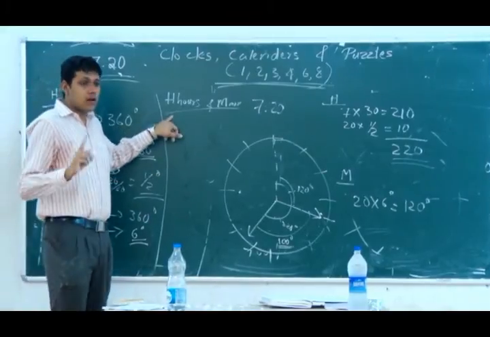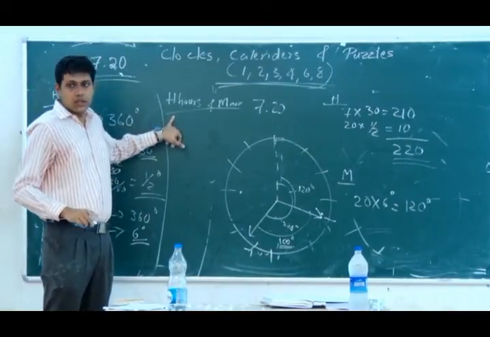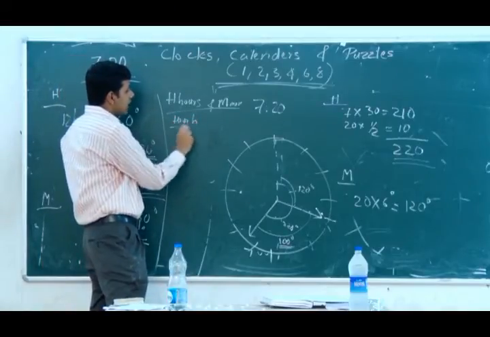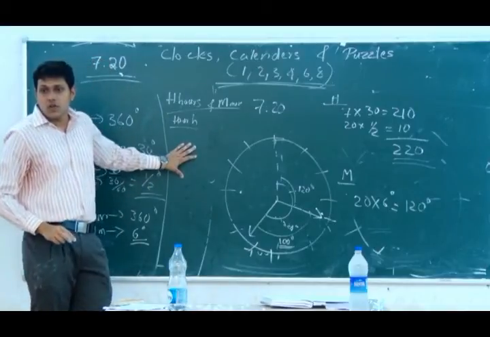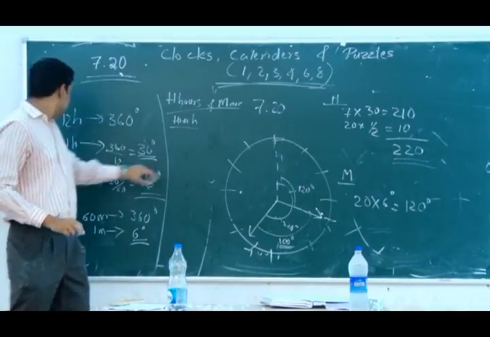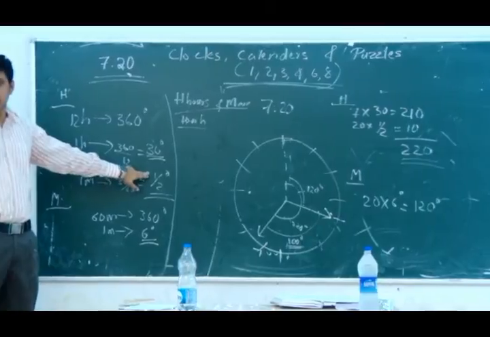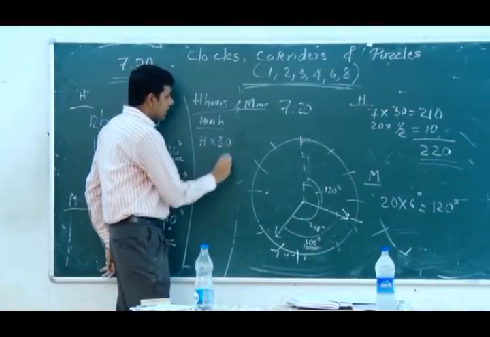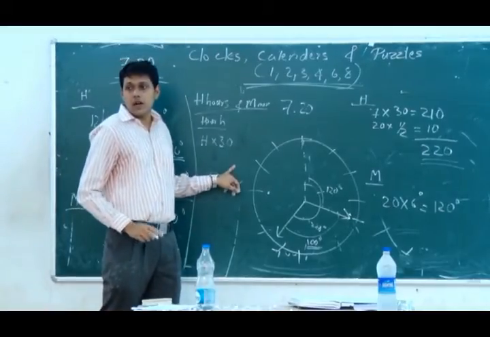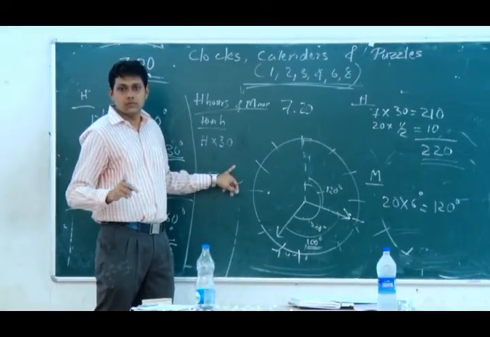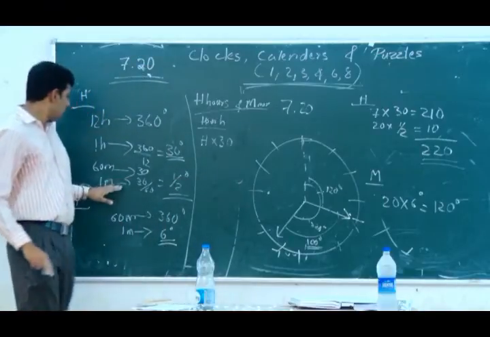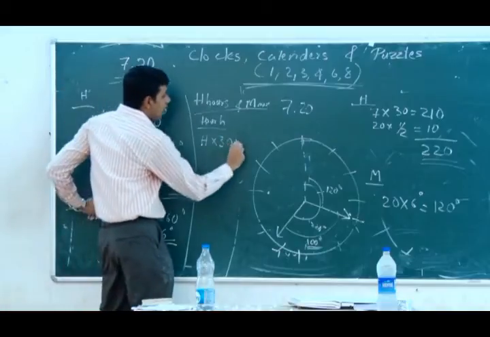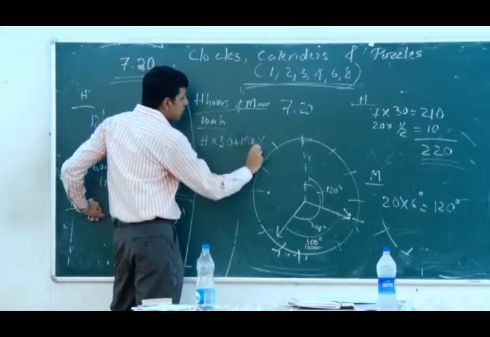Okay. First we are going to consider the hour hand. 1 hour, how much does it move? 30 degrees. So it will be h into 30, plus for 1 minute, half a degree, so the number of minutes into half.